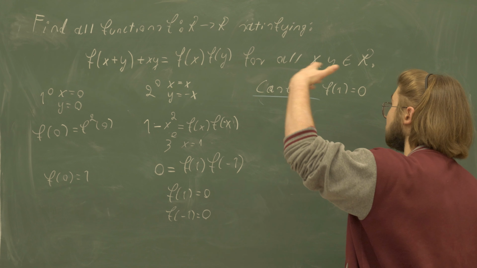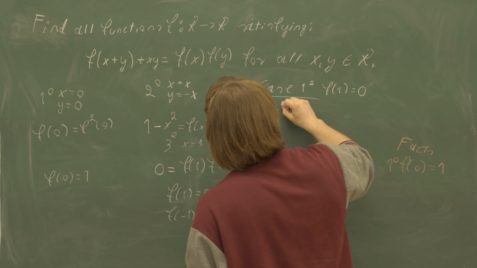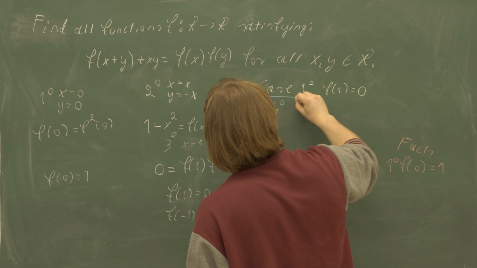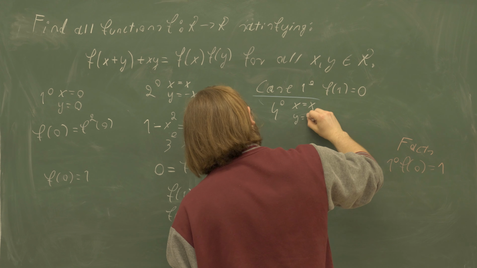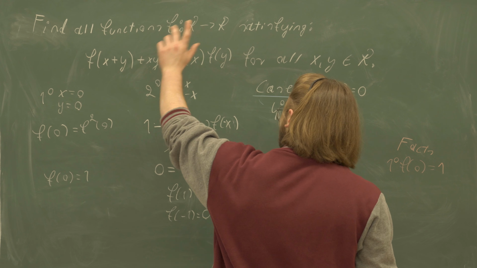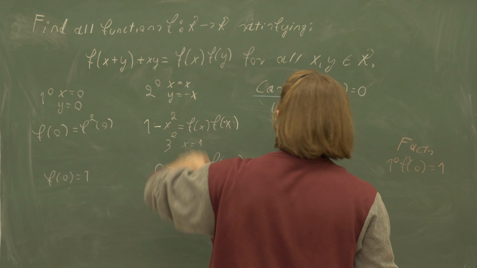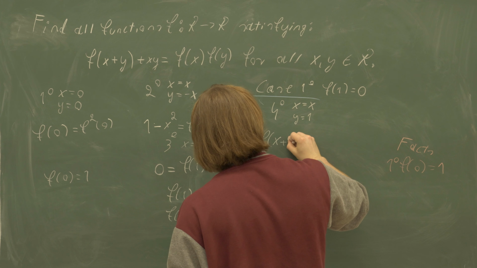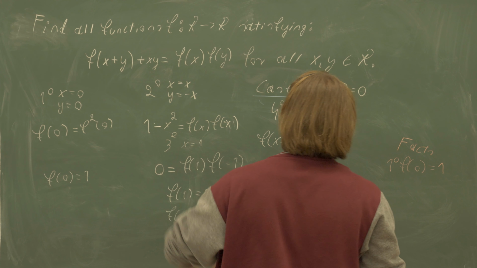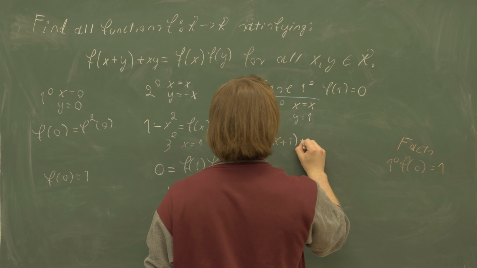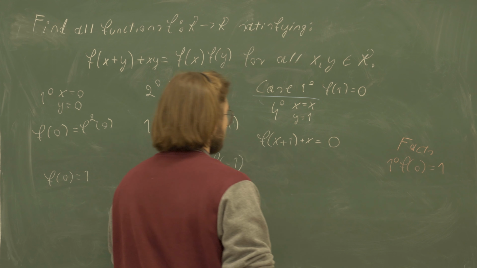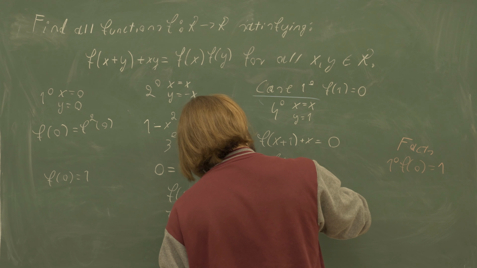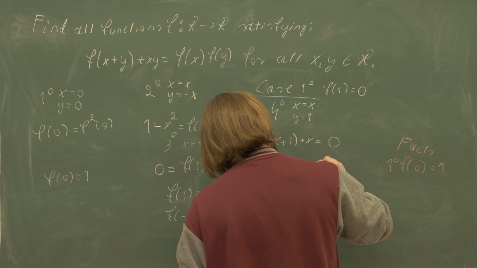So I would like to make the fourth substitution, which is to let x remain fixed and set y equal to 1. Letting that happen, we get f of x plus 1, then plus x times 1, so just an x, equal to, well, this is going to be 0 for sure, so we get that f of x plus 1 is equal to negative x.